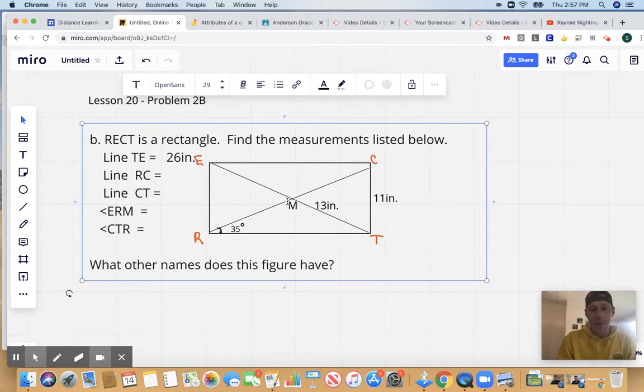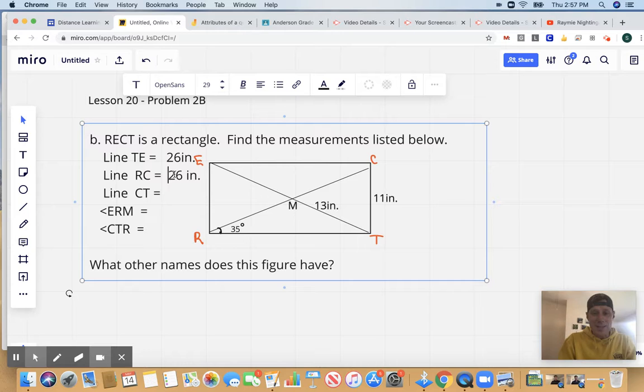Because from R to M is the same length as T to M. What was T to M? Yeah, line TM is 13. So line RM is 13. If we want to find RC, we double it. That's right. So again, it's going to be 26 inches because it's just double this 13 inches.